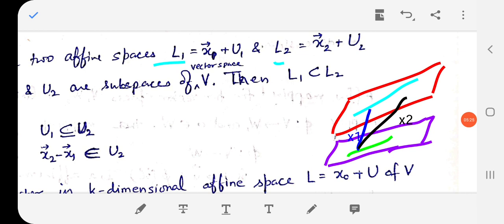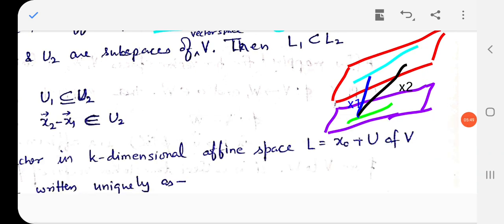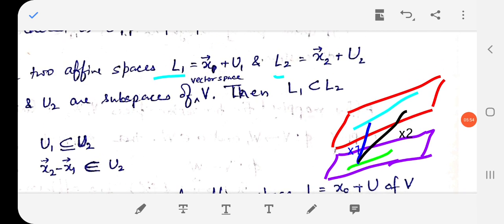And similarly, there is another subspace corresponding to L1, represented by cyan color. This cyan color is the L1 space. So it's an affine space, not a subspace, shifted by vector x1, that is the blue vector.